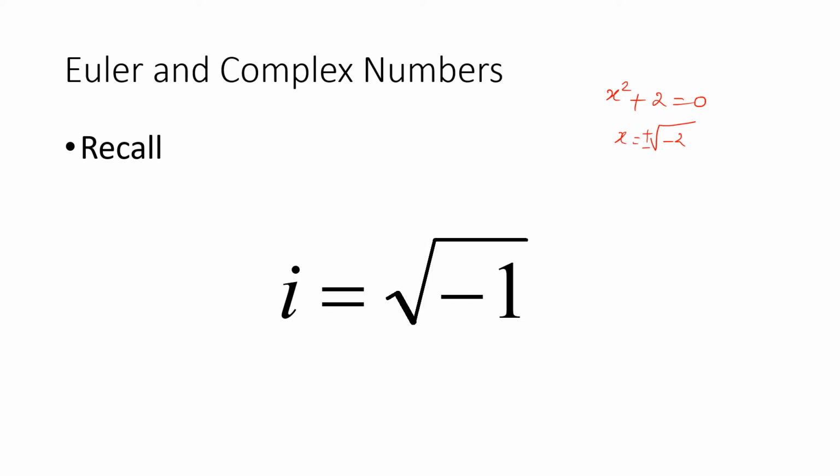You cannot find a real root for this. So we define square root of -1 as i, and hence the roots for this equation will be plus or minus root 2 i. And you have a complex number x plus iy, where x is the real part and y is the imaginary part.